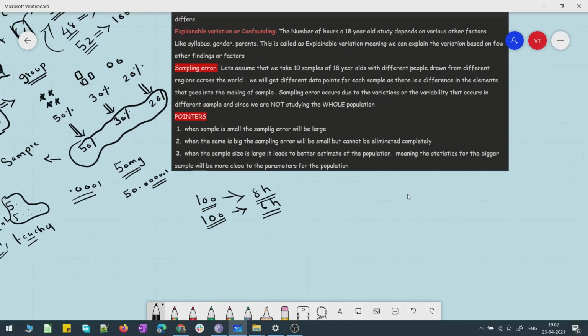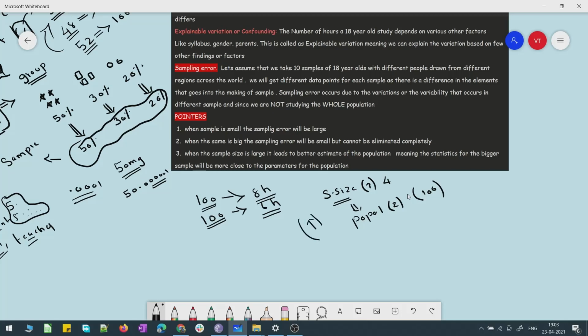One thing you should remember is that when my sample size increases, I'm moving towards the population size. Let's say my sample size is 4 and my population size is 100. At this point, the sampling error I see will be very high.